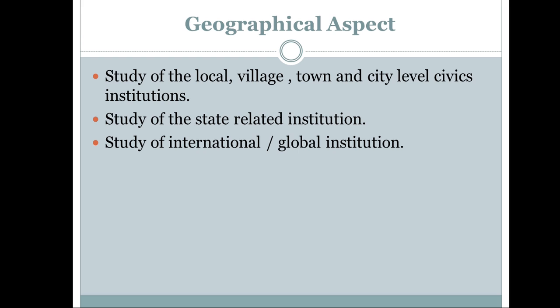Study of international and global institutions, as I told you that civics starts from local governments and ends up into the international institutions, like it starts from the panchayat and goes till your United Nations.